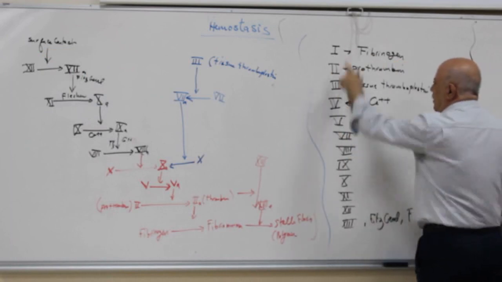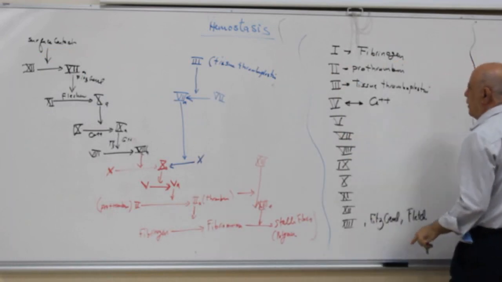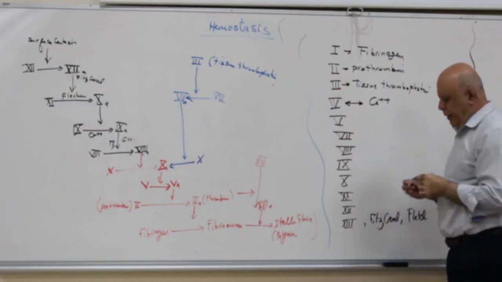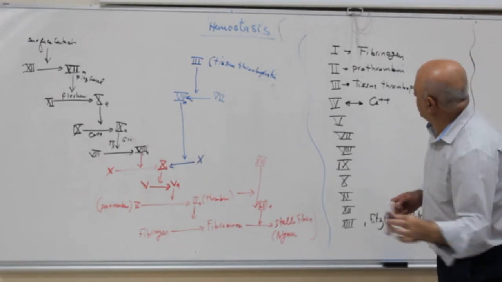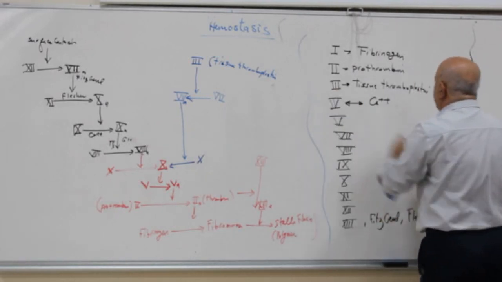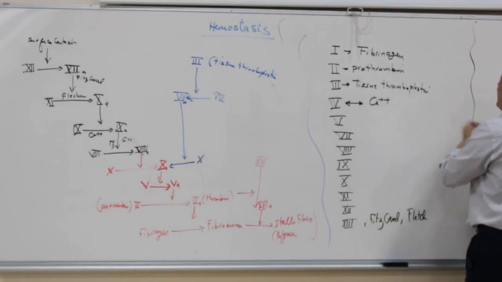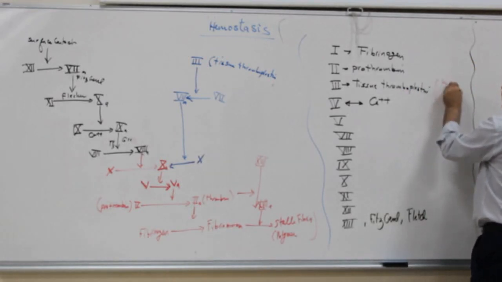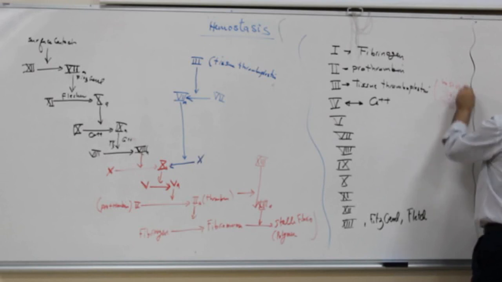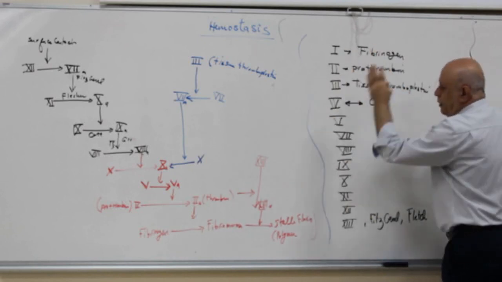All these factors are in the blood except factor 3, which is called tissue thromboplastin, in the tissue, inside the cell, but the others are in the blood, circulating in the blood.